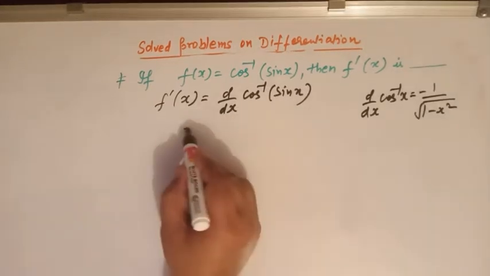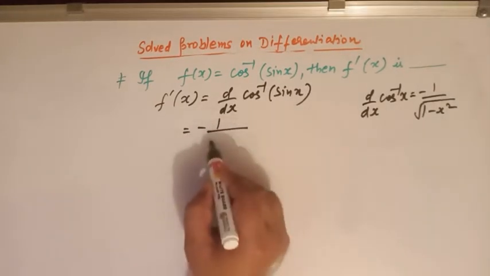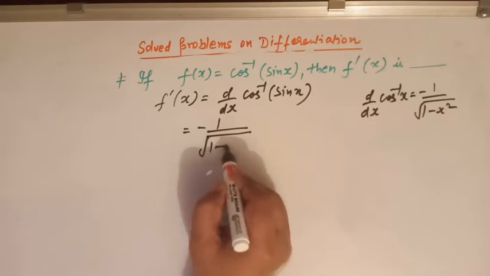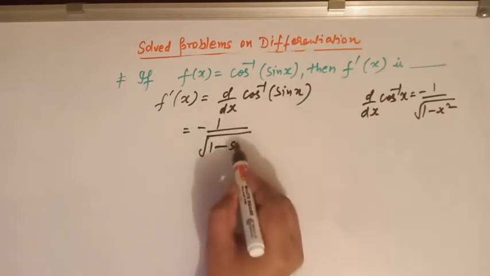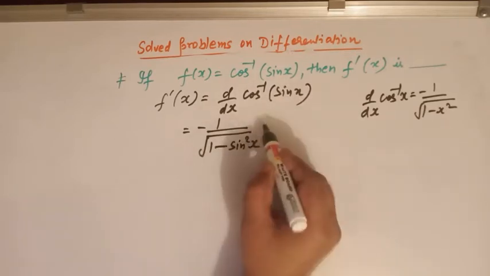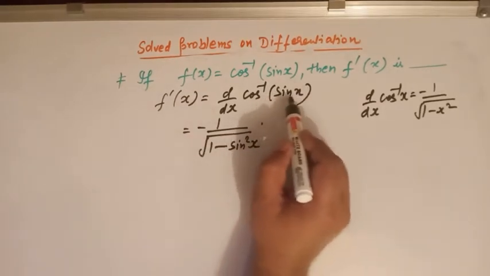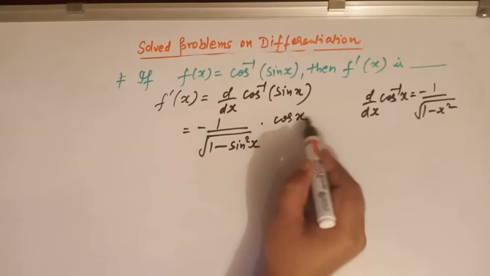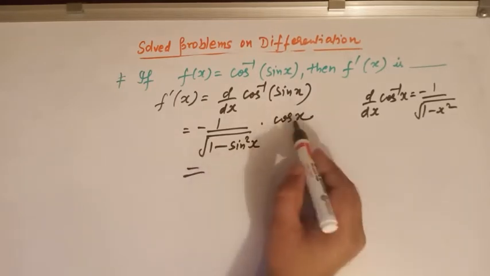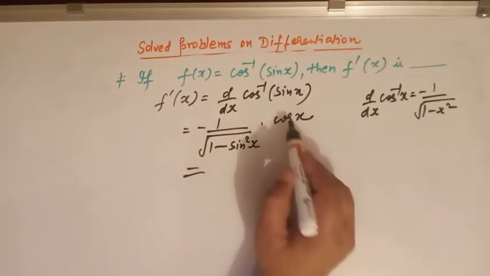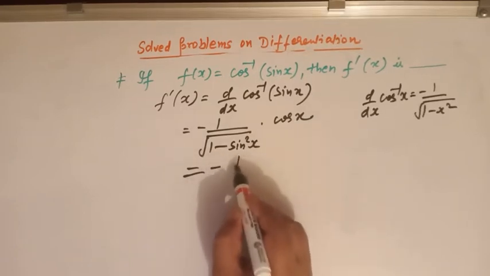So if we apply it, we will have square root of 1 minus sin square x, and then by chain rule we'll differentiate this sin x, so we'll have cos x. Clear? The derivative of sin x is cos x.